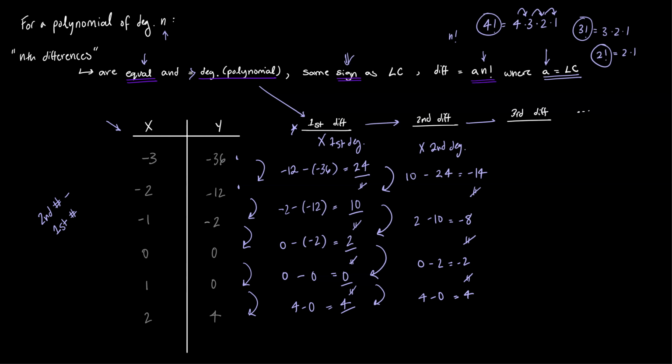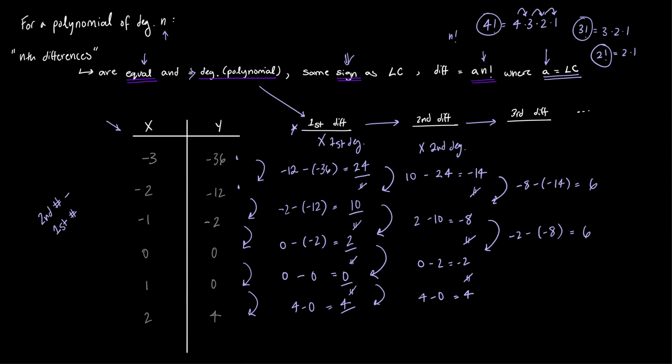And we have to move on to taking the third differences, since these second differences still aren't equal. So let's take the third differences. For this first jump right here, we're going to have negative 8 minus negative 14. And that's going to give us positive 6. The next jump here, we're going to have negative 2 minus negative 8. And that's also going to give us positive 6.